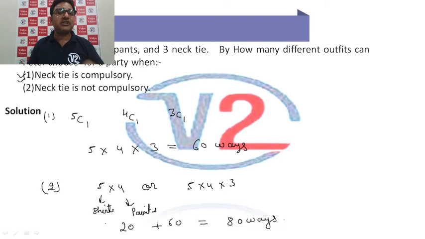How many combinations can be formed with the shirt and pant, and how many with the necktie? That is 20 and 60. Then the total is 80 ways Peter can go to the party with different outfits. Okay, fine. I think everyone understood the question.